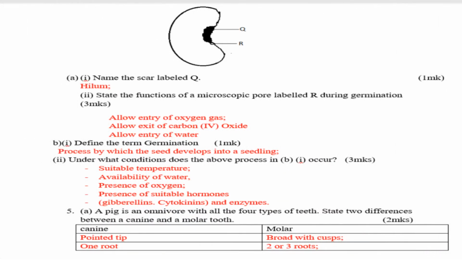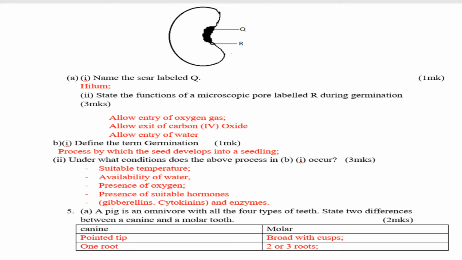We have this other question. You can see a seed here, and you are told to name the scar labeled Q. Q is the hilum.